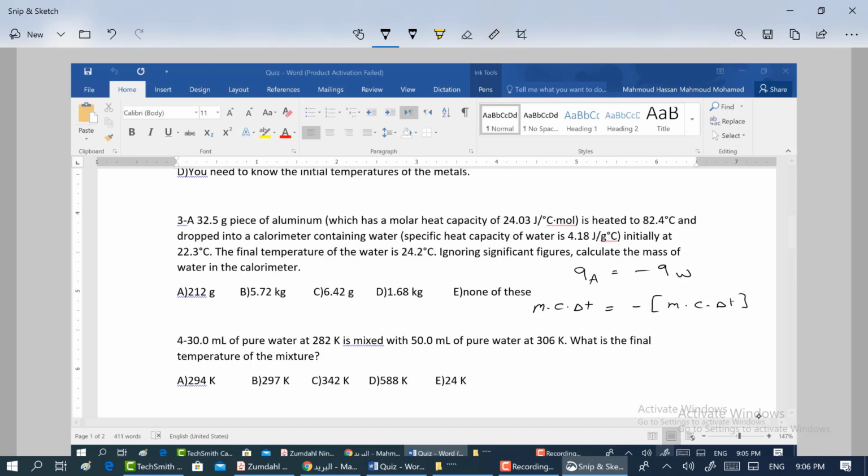The mass is 32.5 times specific heat capacity, it will be 24.03 times delta T.